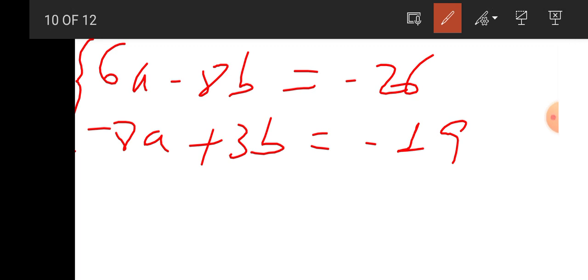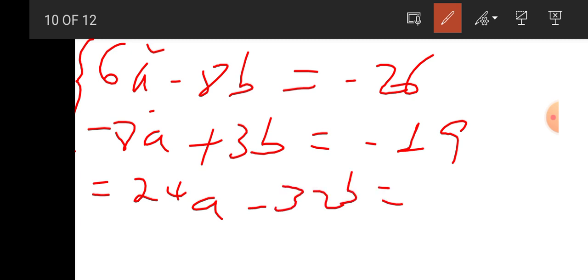So multiply both. የመጀመሪያውን ኢኩዌሽን በአራት ብናባዛው፣ የሁለተኛውን ኢኩዌሽን በ3 ብናባዛው፣ የመጀመሪያው ኢኩዌሽን በ4 ስናባዛው ምን ሆናል? 24A minus 32B is equal to minus 26 times 4, ያ ለጊዜው ማለት ነው። በዚህ መልክ እንጻፈውና ሁለተኛ ኢኩዌሽን ደግሞ በ3 ስናባዛው ሁለተኛው ኢኩዌሽን ምን ይሆናል?